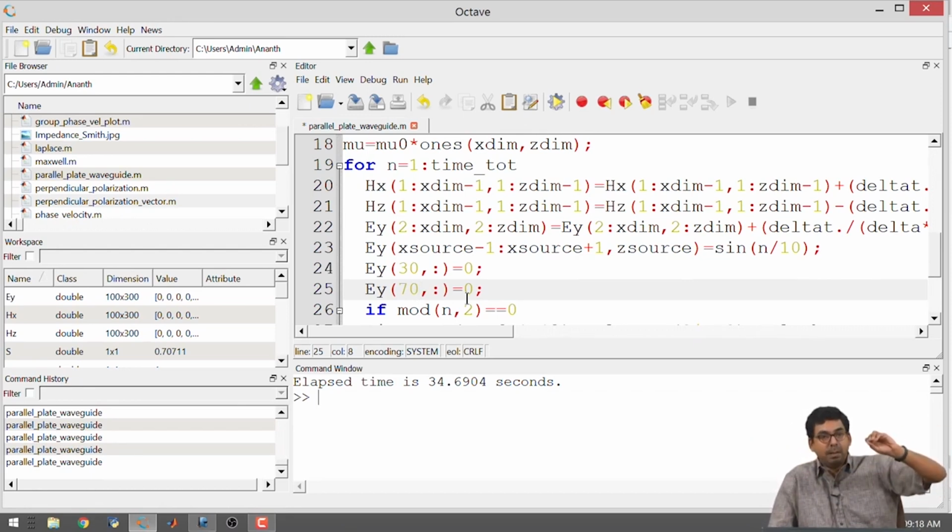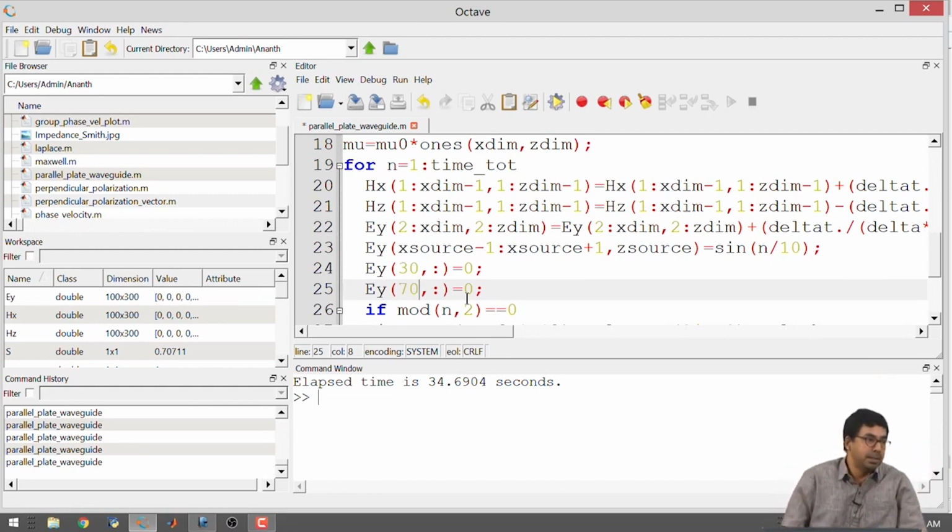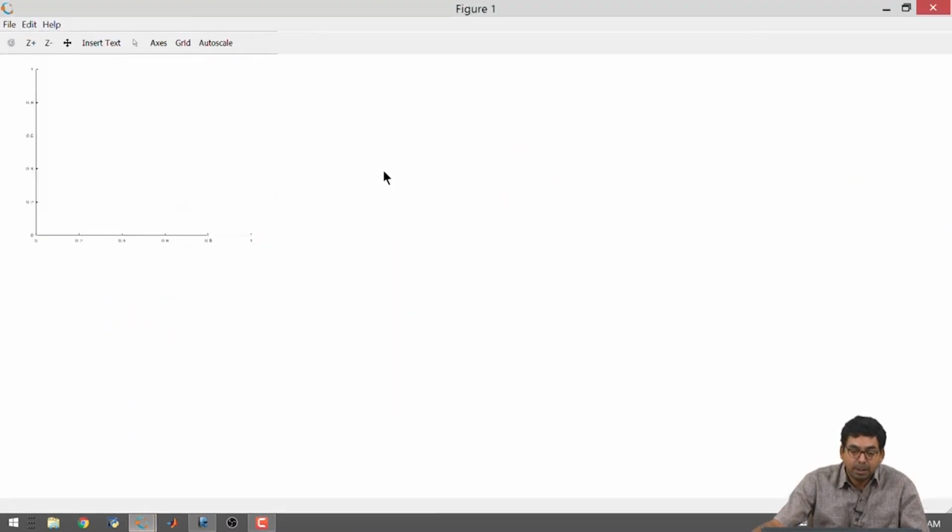Now, I am making my waveguide 20 units on the top and 20 units on the bottom. So, it has become 40 space units separation between the two. I want to keep the frequency the same at n by 10. Previously, it was not passing. I want to see whether it passes now and whether it has an effect on the cutoff frequency. Let us go ahead and do it.